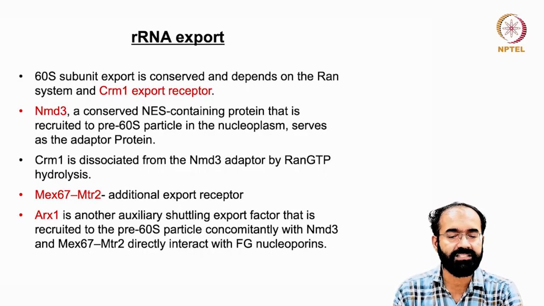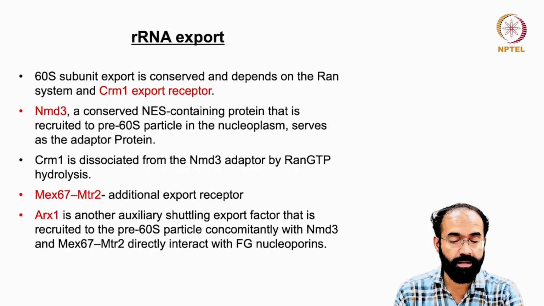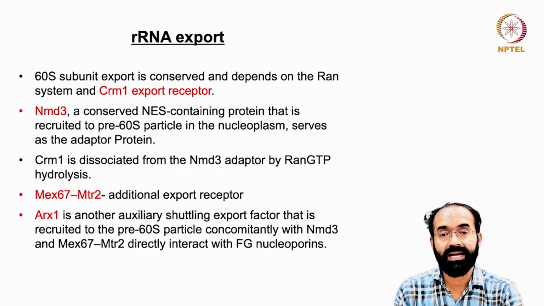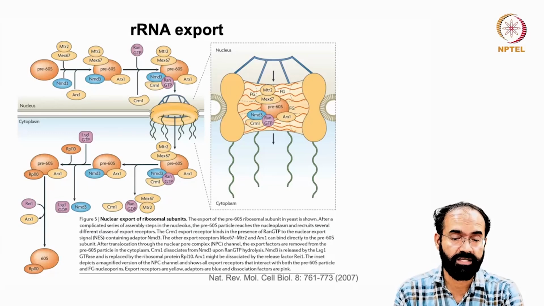So it's a systematic step where the CRM1 export receptor, NMD3, the MEX67-MTR2 heterodimer, and ARX1 protein come together and assemble for the 60S ribosomal subunit complex formation in the nucleus.